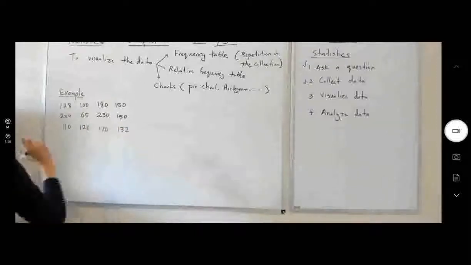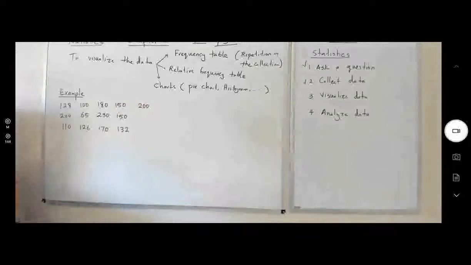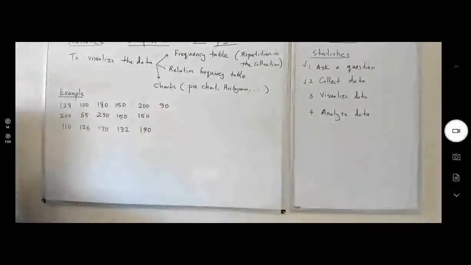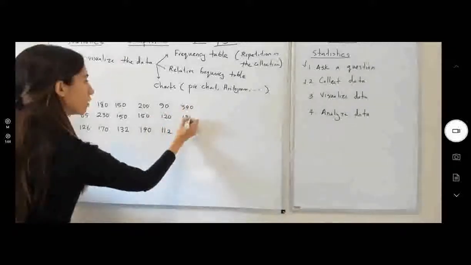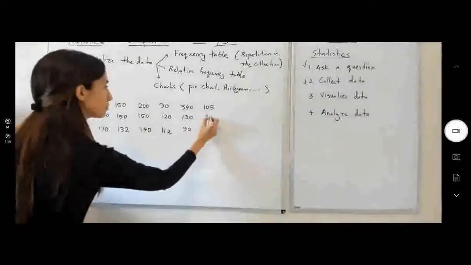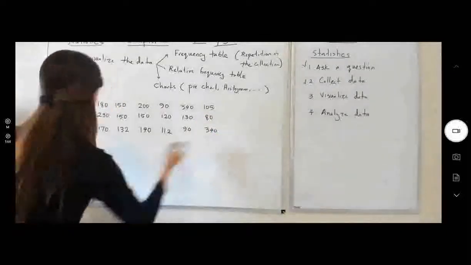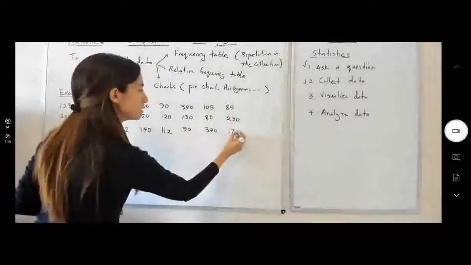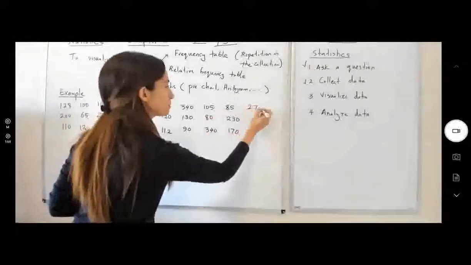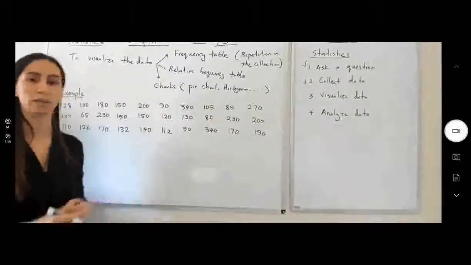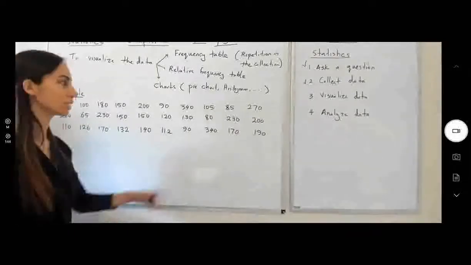You have 132, 200, 150, 140, 90, 120, 112, 340, 130, 90, 105, 80, 340, 85, 230, 170, 270, 200, and 190.